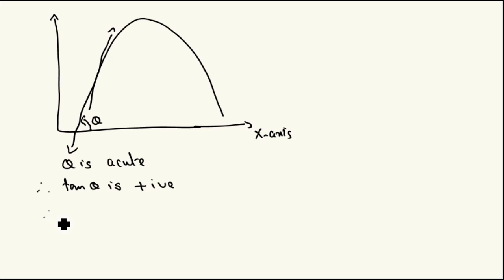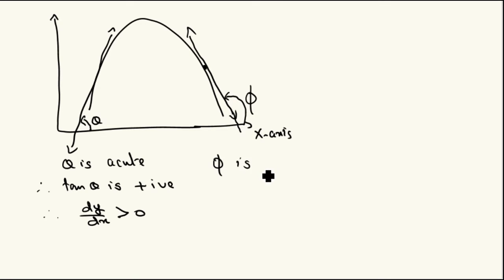But we know that tan theta means dy by dx, the rate of change of y with respect to x. So dy by dx is greater than 0. When you draw a tangent on the right side of this concave down graph, we can see that this tangent is making an angle phi with the x-axis.